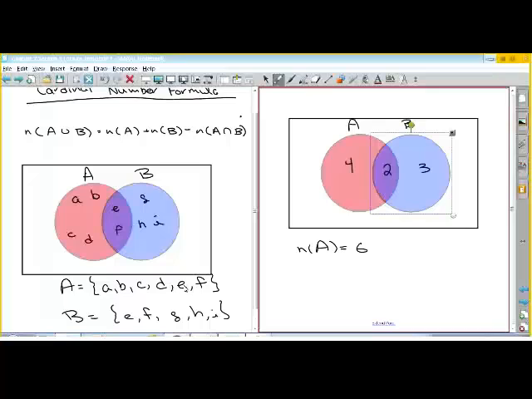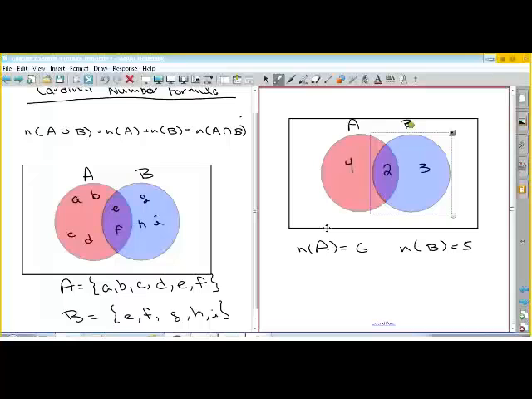You can either do it by counting the number of elements in the actual set notation, or you can add these 2 numbers together. So it's 1, 2, 3, 4, 5, 6, or 4 plus 2, which is 6. The number of elements in set B is 5. 2 plus 3 is 5, or I can count 1, 2, 3, 4, 5.